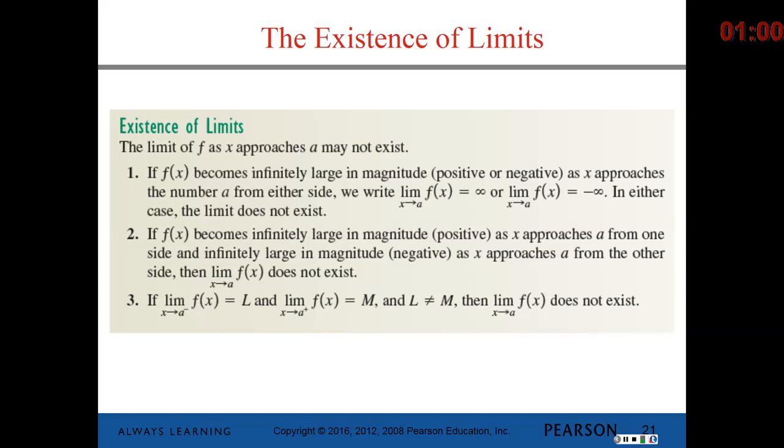If f of x becomes infinitely large and positive as x approaches a from one side, and infinitely large and negative, I guess is the best way to say that, as it approaches from the other side, since it's approaching positive infinity and negative infinity, the limit doesn't exist.